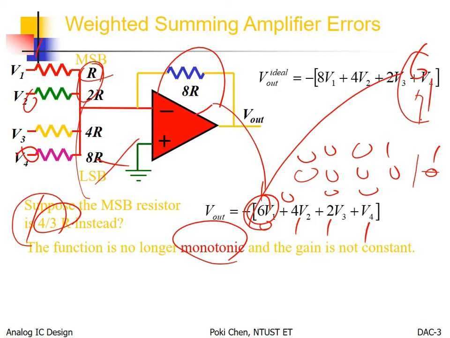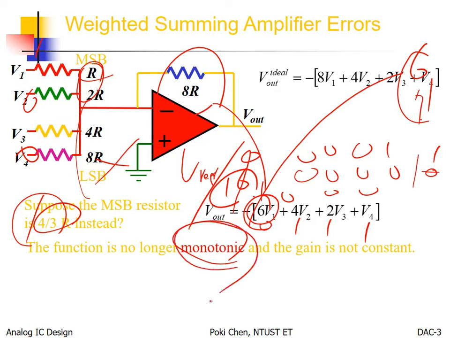Pay attention: you have only 4 bits, so the LSB is your reference voltage divided by 16. If you get more bits, the denominator increases exponentially, so the LSB will become very, very small, and I promise you, monotonicity is a mission impossible to get.